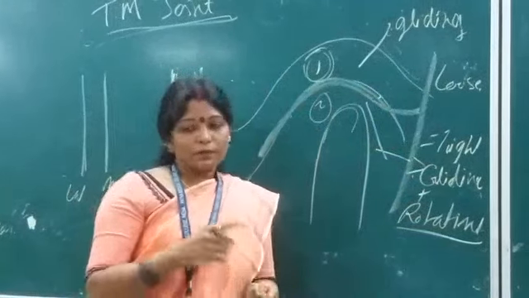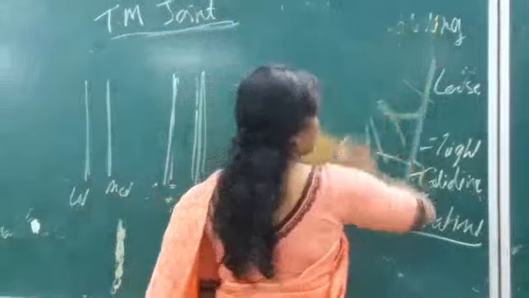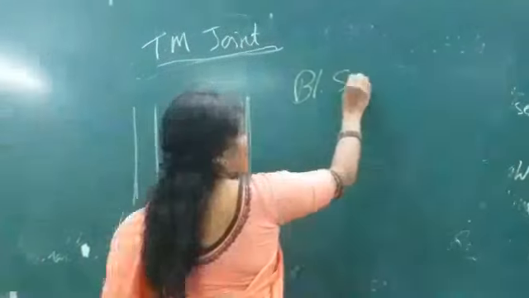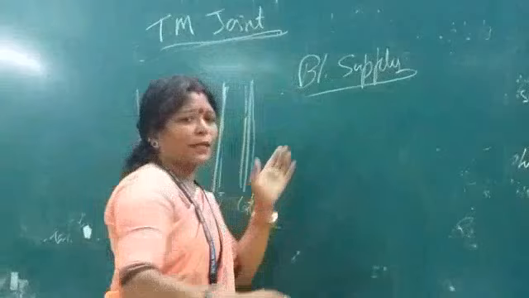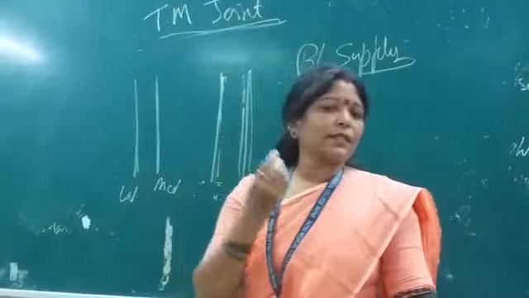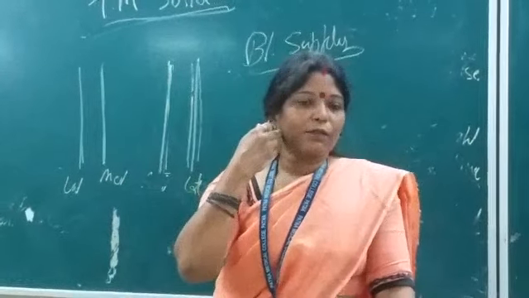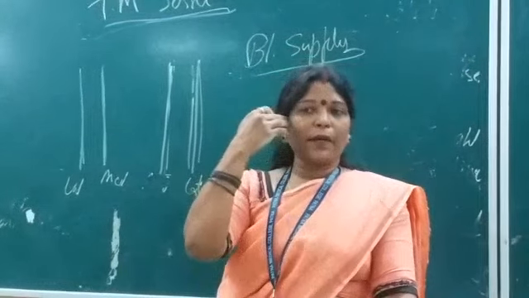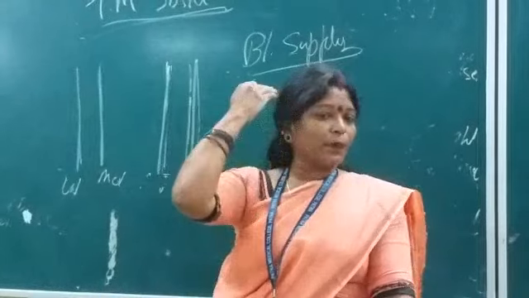Now, whenever you study any joint, what would be the blood supply, what would be the nerve supply, what would be the lymphatic drainage? The nearby arteries must be supplying this TM joint. In the parotid gland, we have discussed the external carotid artery entering from the posteromedial surface, and in the parotid gland it is divided into the maxillary artery and the superficial temporal artery, isn't it?